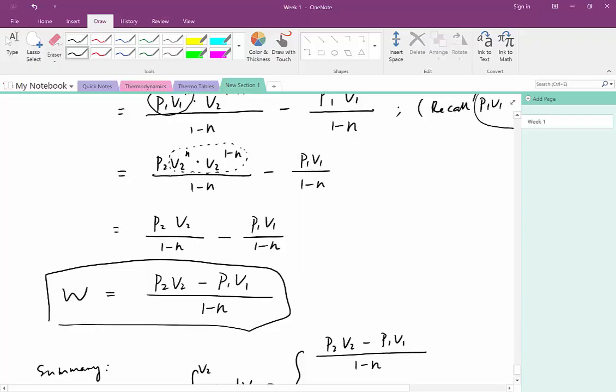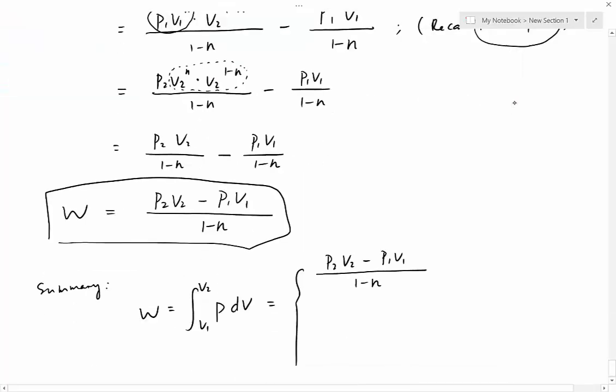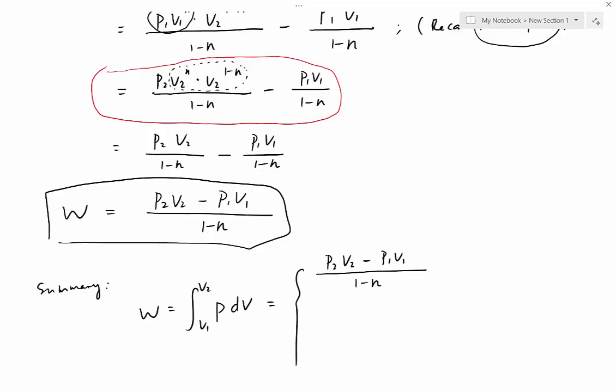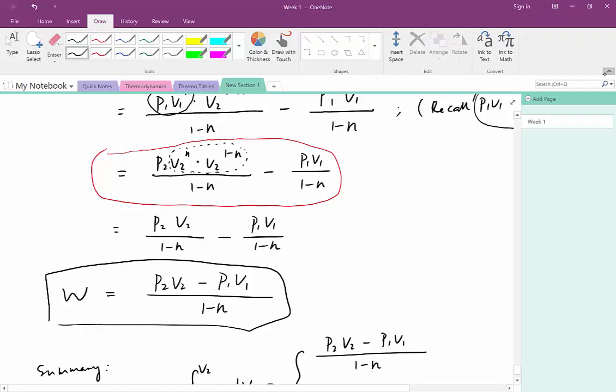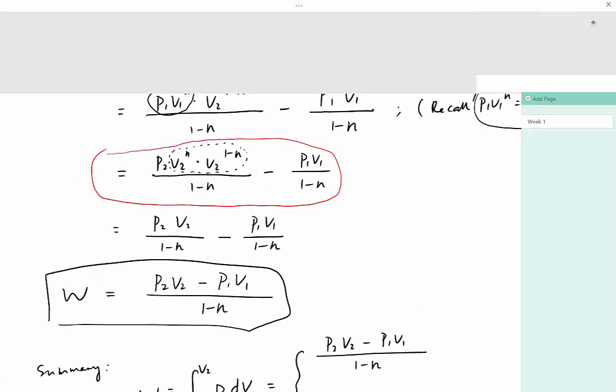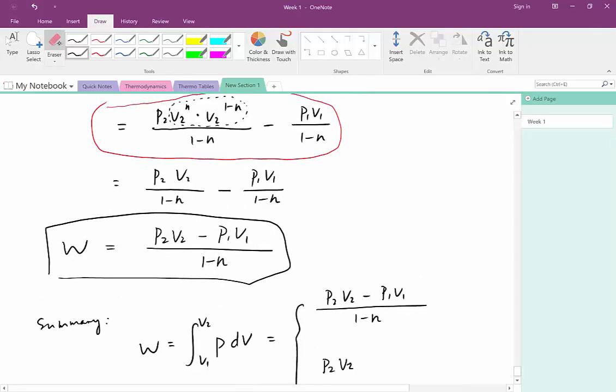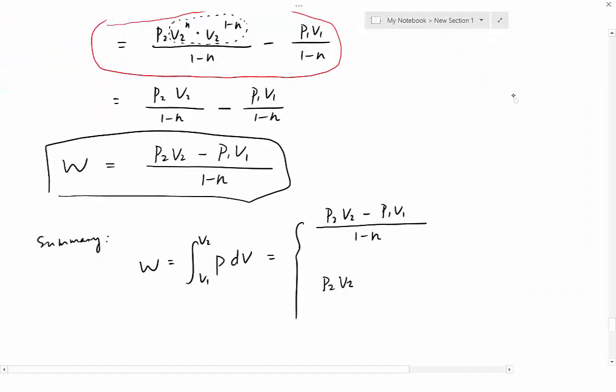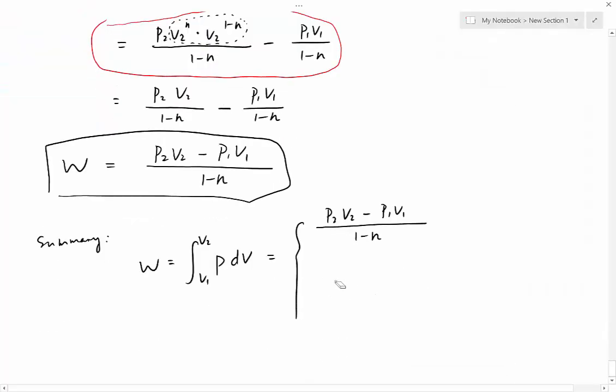Okay, let me change the color quickly. Sometimes we just use this one instead, even though we know they are equivalent. Sometimes we prefer to use the second choice, and I'll explain why later. Oh, sorry, let me erase that and change the subscript.